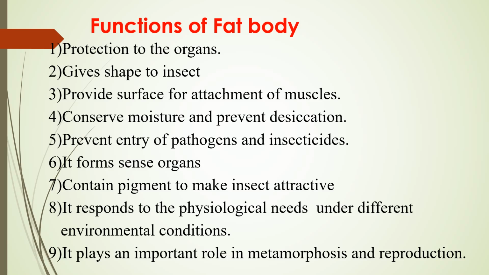Now, the parietal fat body serves mainly as storage tissue, while the visceral fat body serves in intermediary metabolism, the major target organ of metabolic hormones. In some insects which are capable of producing light, it is modified into photogenic organs, as in glow worms.